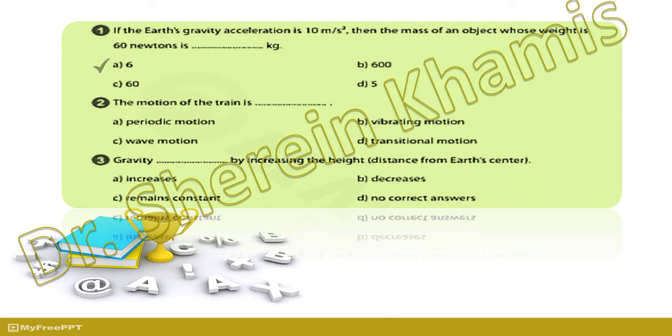Wave motion means that the body makes vibrations to the medium in the direction of wave propagation. But we have transitional motion, which means that the train starts moving from the start point and reaches the end point.